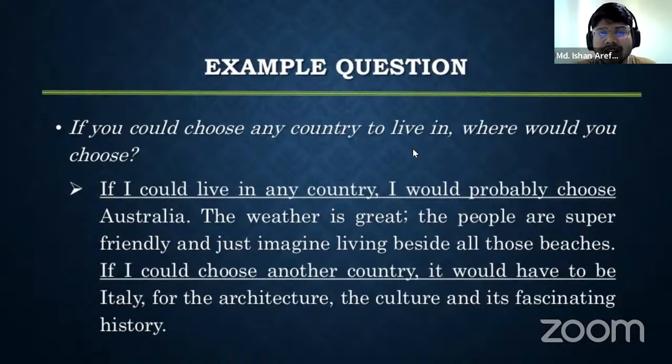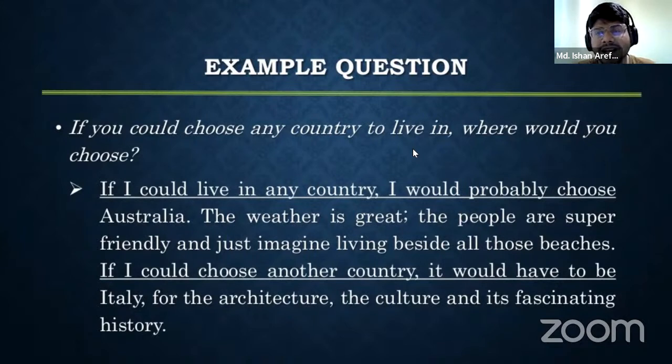You can say that if I could live in any country, I would probably choose my country itself, where I live in Bangladesh, because Bangladeshi people are great, and the monsoon weather of Bangladesh doesn't have any comparison in the world.